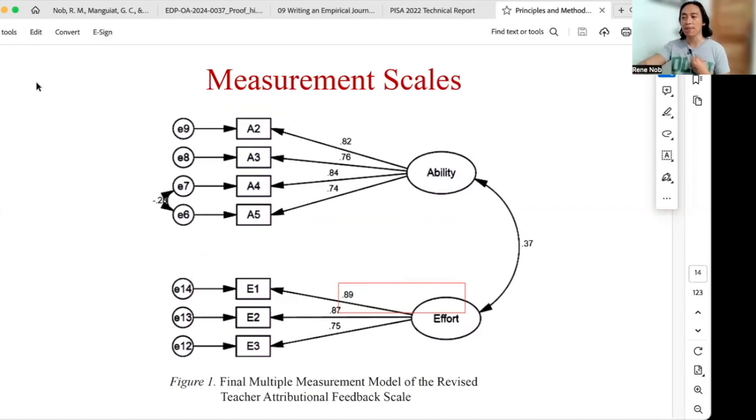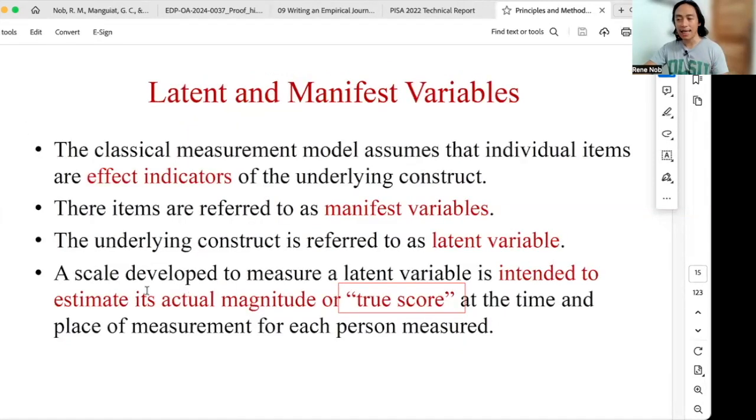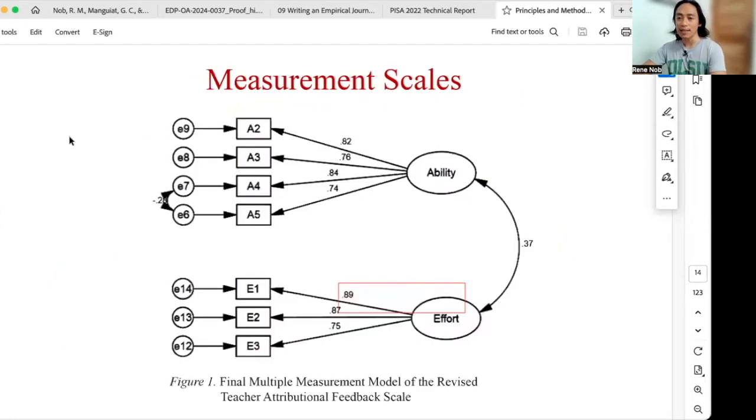If you're measuring perceived effort, attributional feedback within an individual, there is a true score. But we don't know what this true score is. The idea is that the scale that measures the latent variables, our ratings here, which is summed into a score, this score is an estimate of the true score.